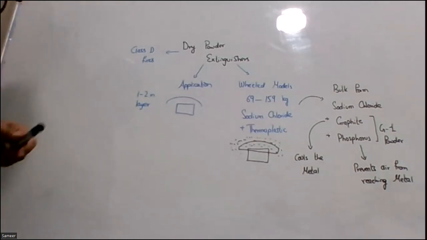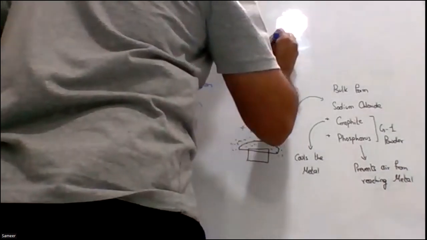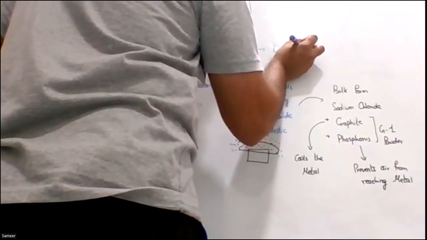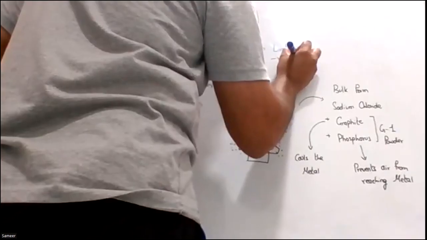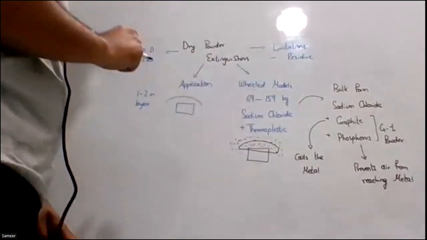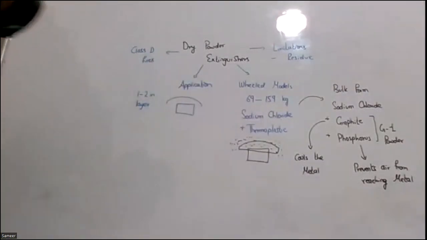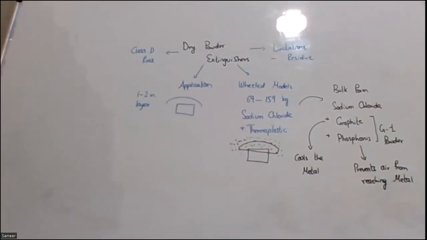Limitations of the dry powder extinguisher. The limitations are based on the residue that is left. The residue is very difficult to clean. And usually we don't use it on any other A, B, and C fires, because it is going to completely spoil the whole product.